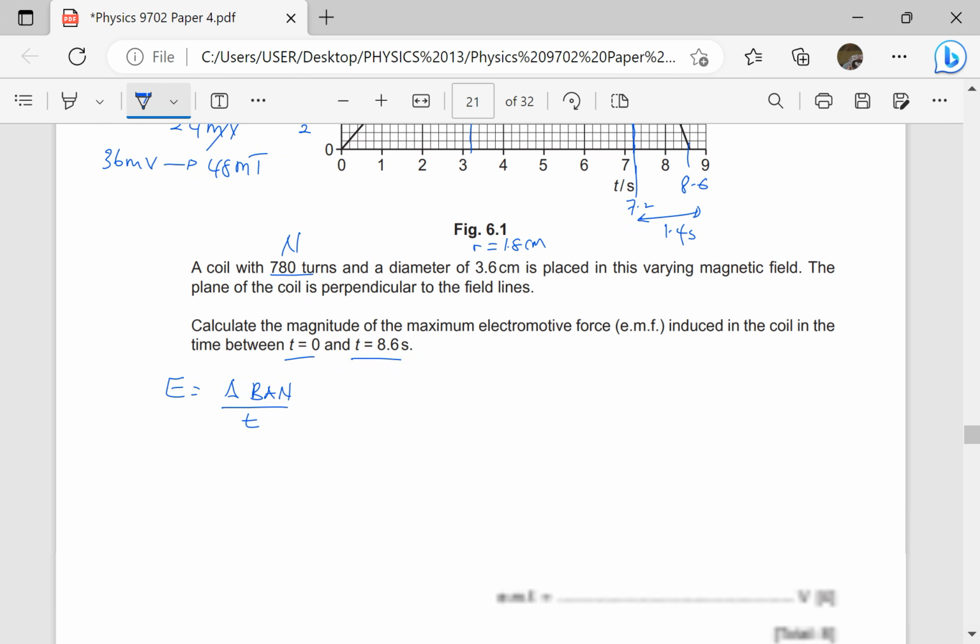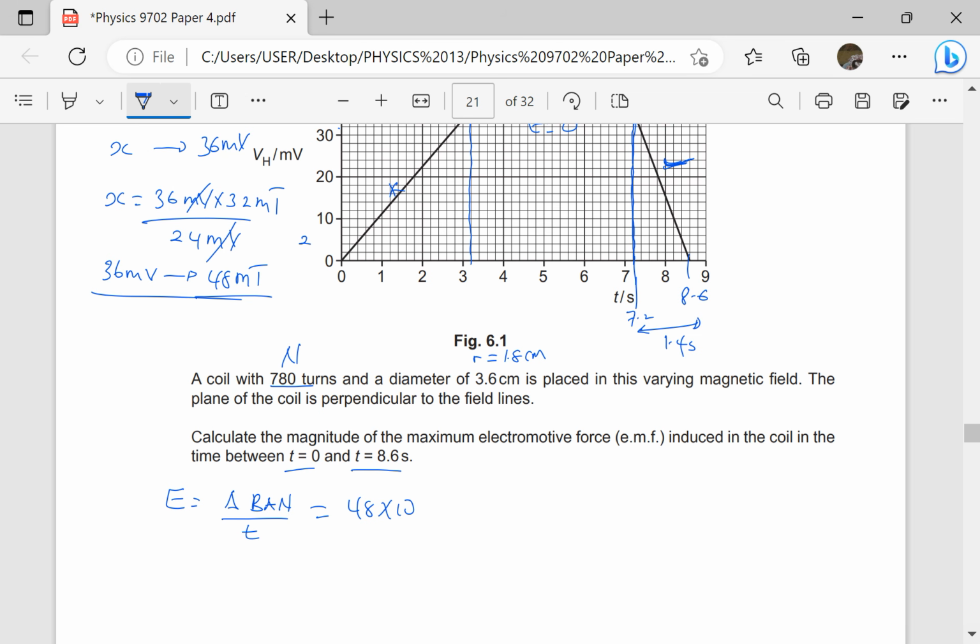The magnetic flux density we have seen is 48 milliteslas, so 48 times 10 power negative 3. What I did here before is very important to arrive at the magnetic flux density corresponding to 36 millivolts, because the Hall voltage changes from 36 millivolts to 0. That's when we have an EMF induced.